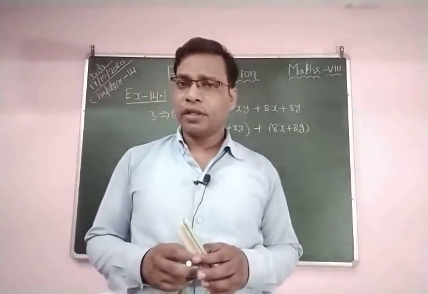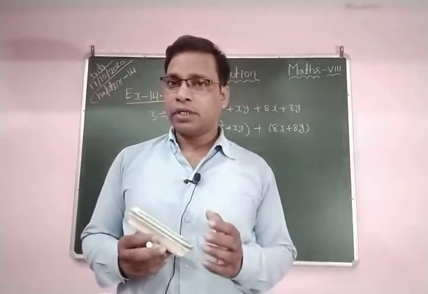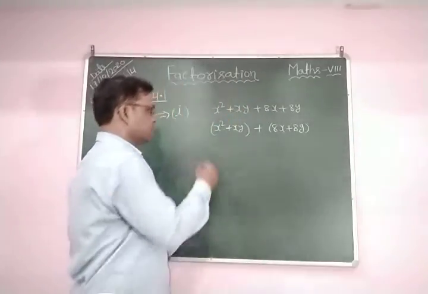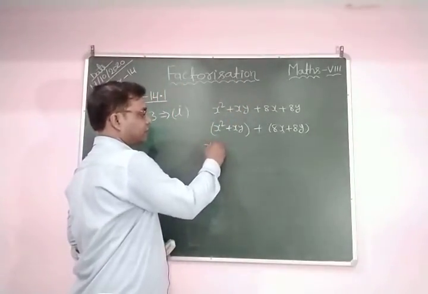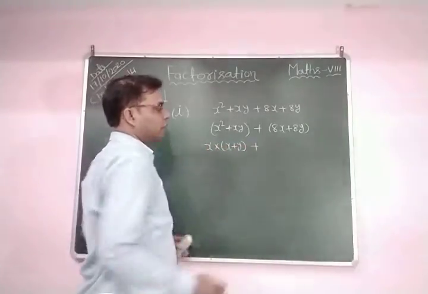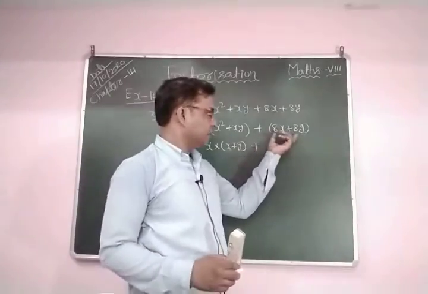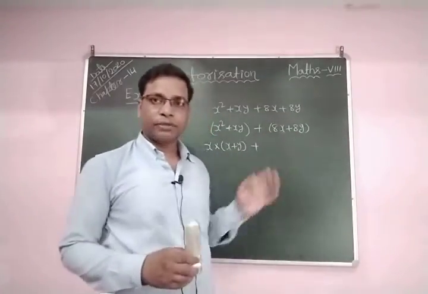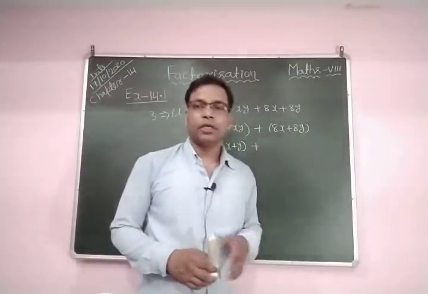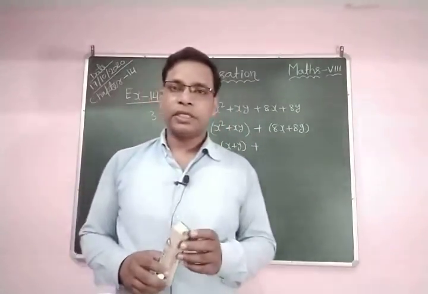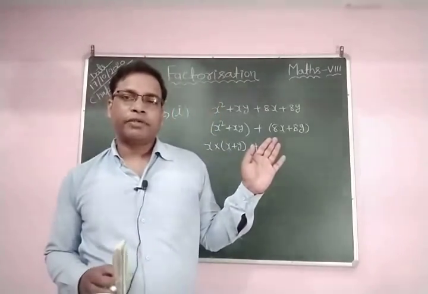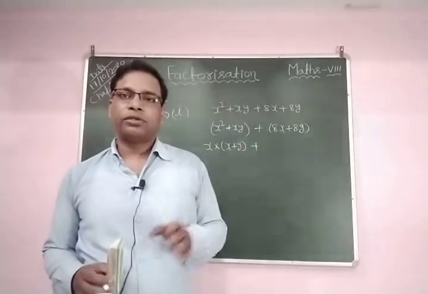So you take x common, then you obtain x into (x plus y). Now observe the second group. What is common between both terms? 8 is common, because we have 8x plus 8y. So you take 8 common.